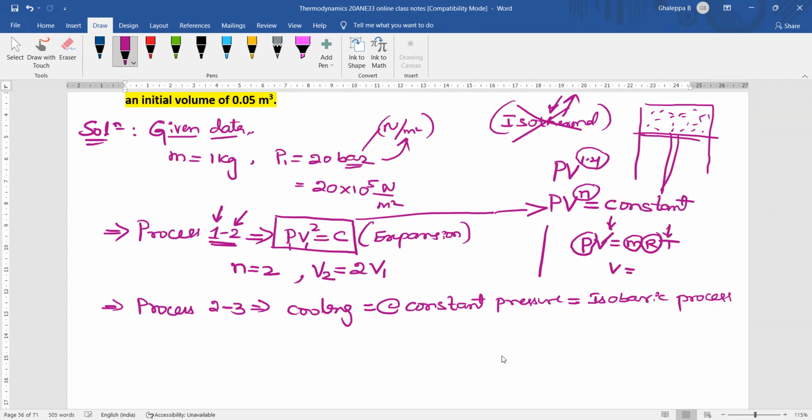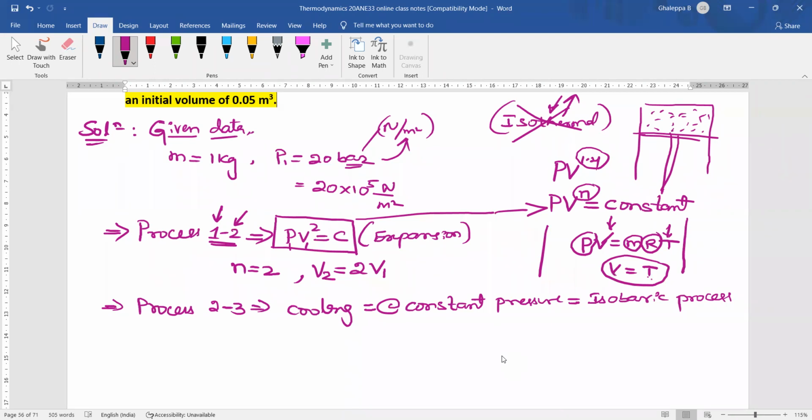So V is proportional to T. We can apply V by T equation for constant pressure process. Governing equation, not work done equation. Work done equation is different. This equation will help you to find out volume if the temperature is given. If the volume is given, if you ask for temperature, you can find out using this equation.